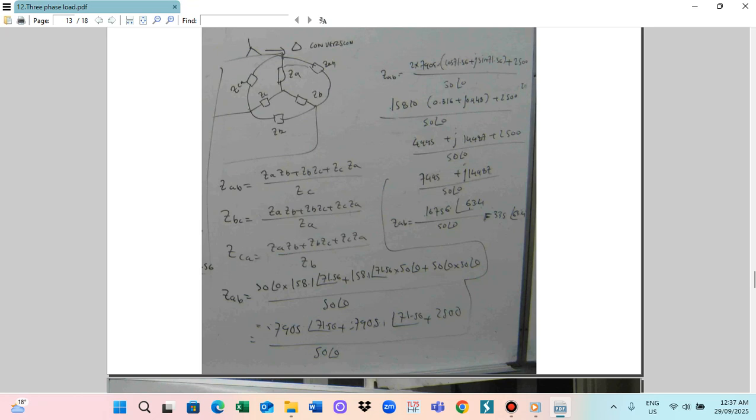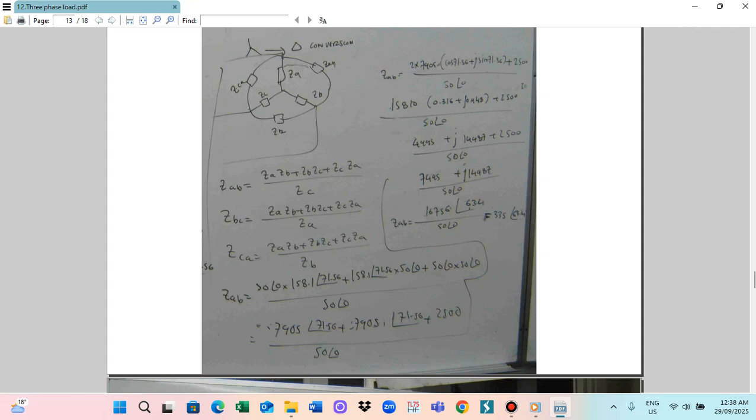So this one we solve. This is 158.1, 50 multiplied by 158.1 angle 71.56, plus this one also the same. So this becomes angle 71.56 plus 2500, divided by 50 angle 0.